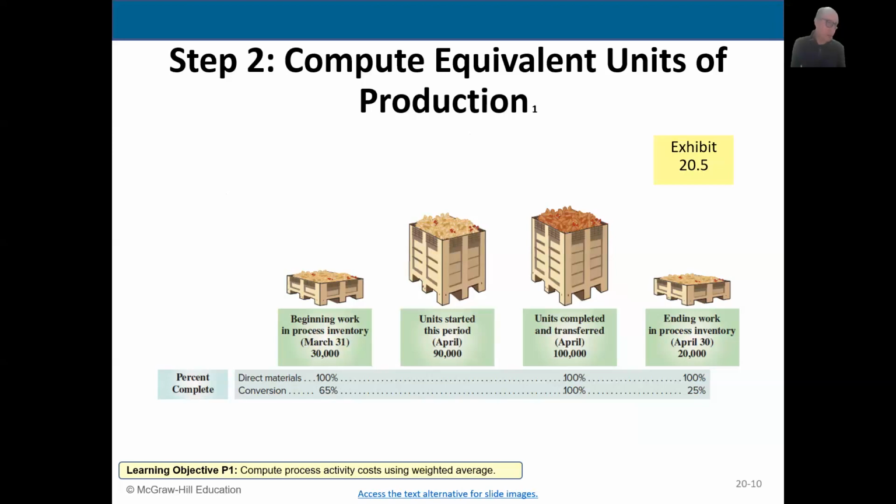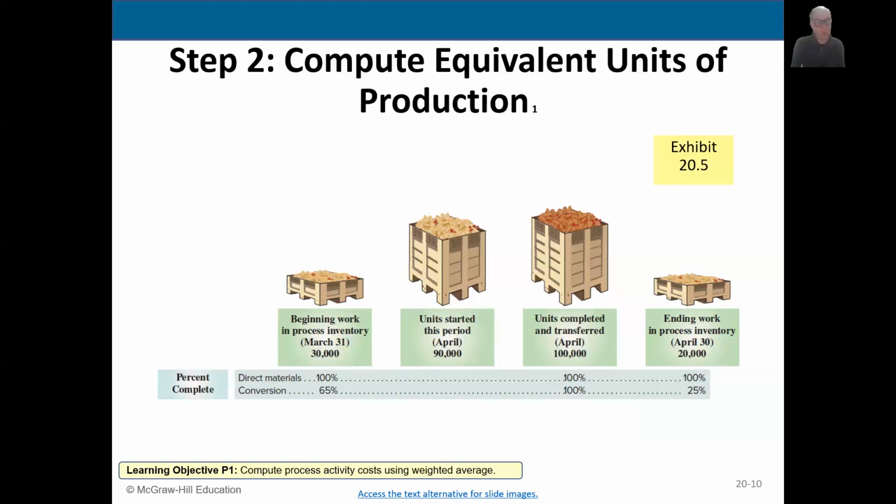Ending work in process is 100% for direct materials, but it's only 25% for conversion. The units completed and transferred out are 100% because we've applied direct materials and direct labor at 100%. It means they're done, right?